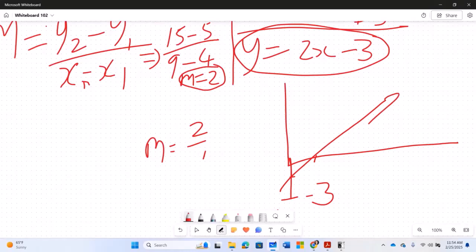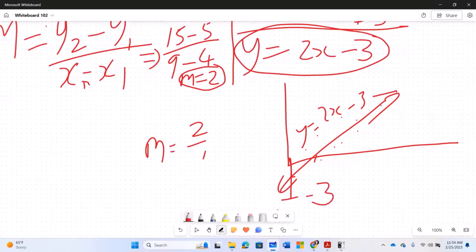So that is the line. The equation of the line is y equals 2x minus 3. That is the equation of that line, 2x minus 3, and then you make your points here.